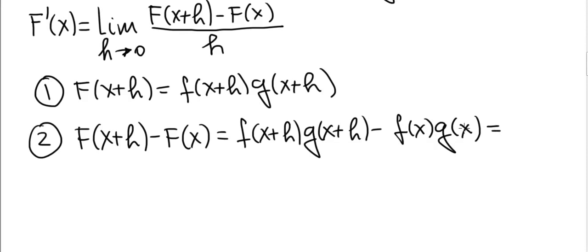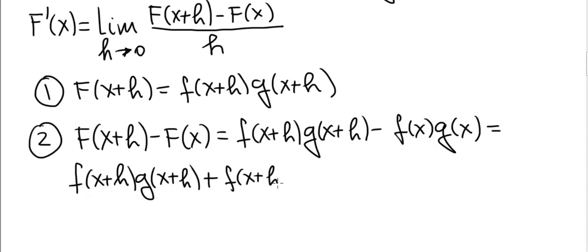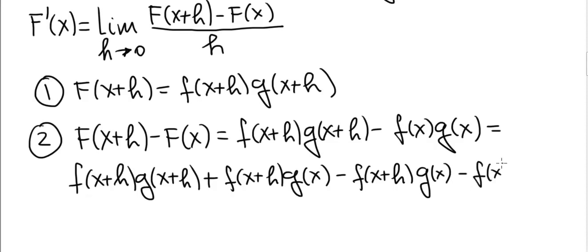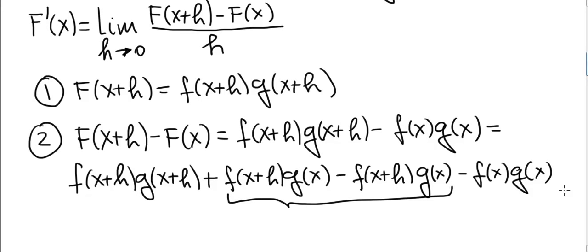I'm going to take what we have, f of x plus h times g of x plus h, and add f of x plus h times just g of x, and subtract f of x plus h times g of x, and then minus f of x times g of x. Notice this is the same thing that we had before. Since I added and subtracted these two terms, that's 0. So I basically added 0 to the original expression and nothing has changed.